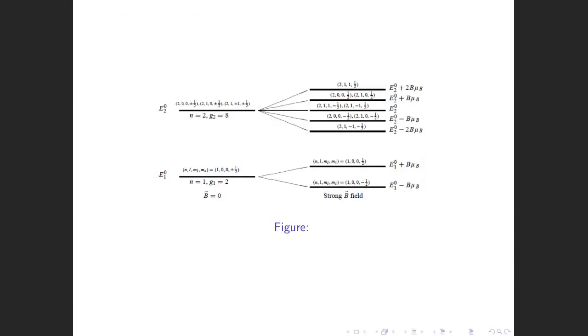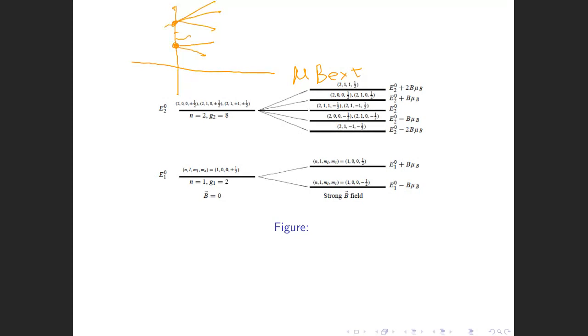And then you can draw a similar type of diagram, right? So in this case, you have mu B external, and you start with energies that were degenerate before, but now will be different.